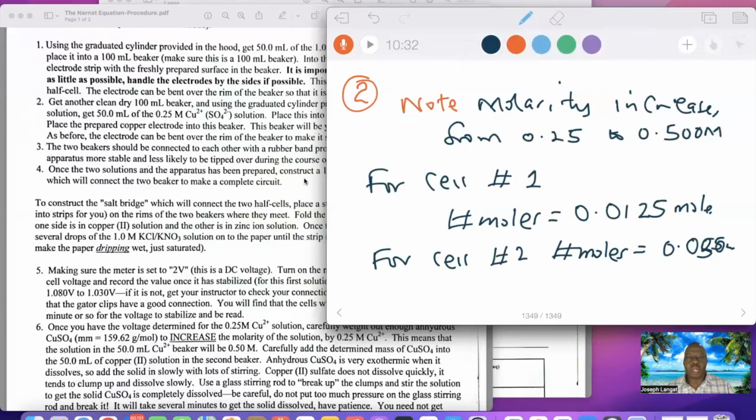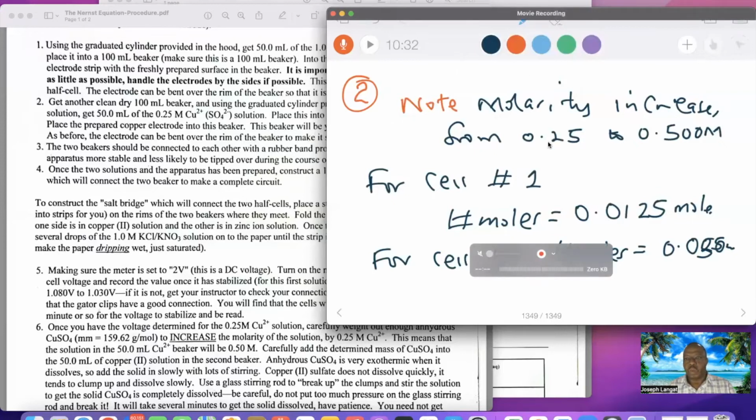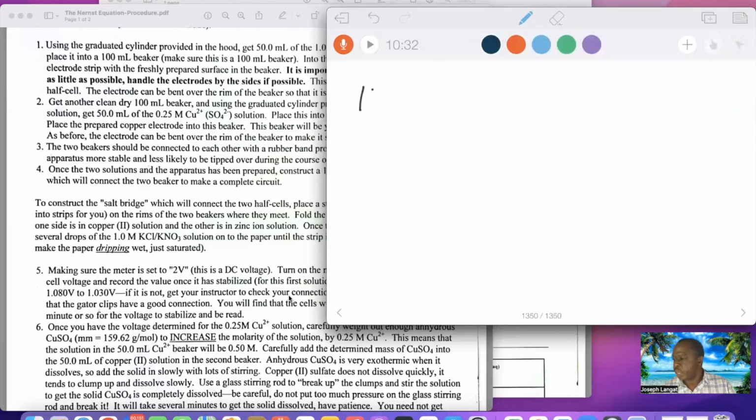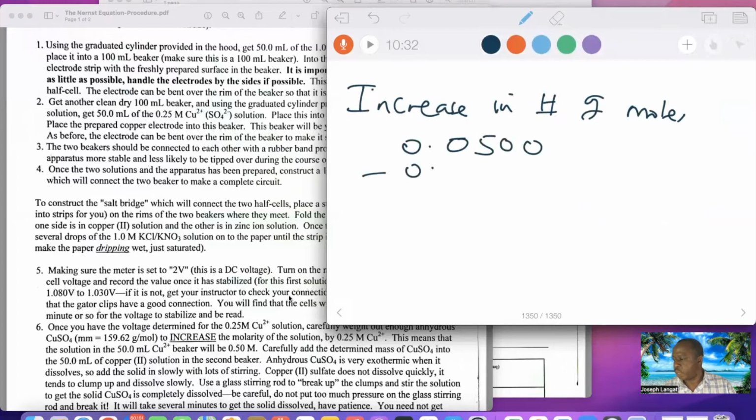That means if you increase the concentration from 0.25 molar to 0.500 molar, the increase in number of moles is 0.025 minus 0.0125.